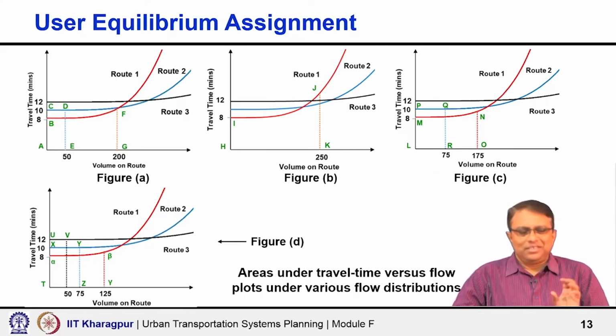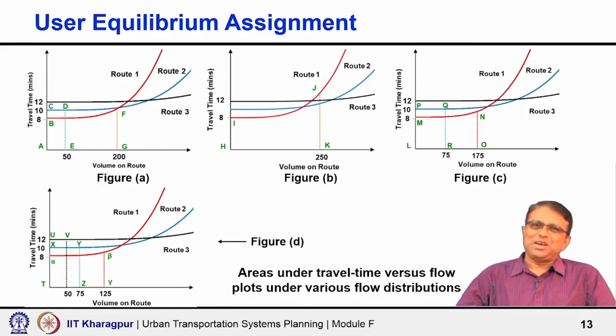Here I have shown you different possibilities. Let us take this is the ideal solution which is shown in the first figure A, 200 is using route 1 and 50 is using route 2, and then there are various other solutions which are shown in figures B, C and D. Why I have shown this?